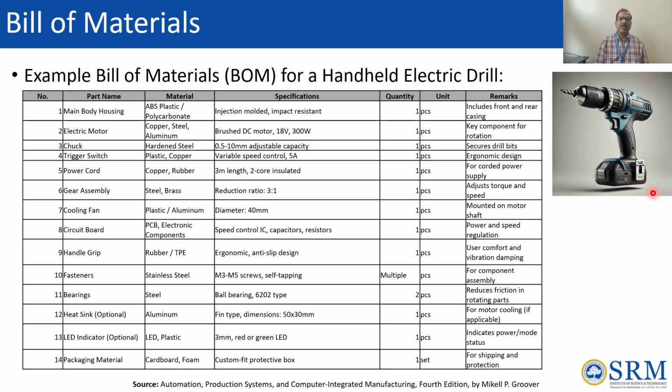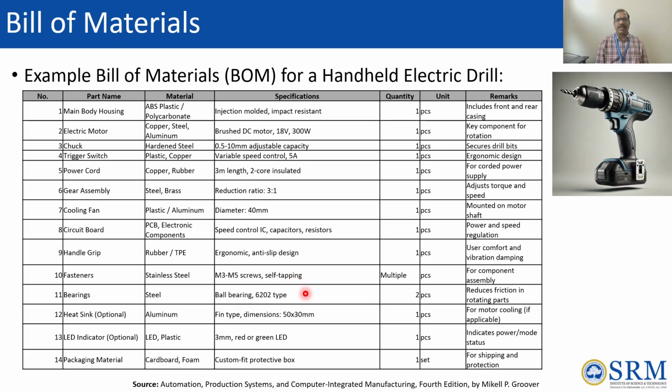The size is 0.1 to 10 mm, meaning it is adjustable to accommodate different drill bits. One number, secure for the drill bit. Then trigger switch, power cord, gear assembly, cooling fan: what is the size of the cooling fan, what material is it made of, how many, and the unit. And when it comes to fasteners, stainless steel, and M3 or M5 screws, metric thread.